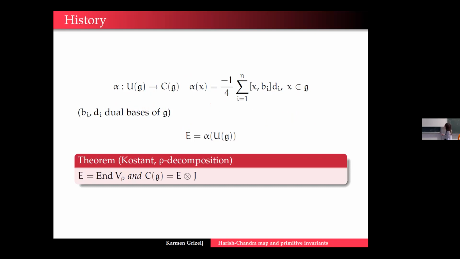And if we denote by E the image of that whole mapping, then Kostant proved that the Clifford algebra of G is a tensor product of that image of alpha and the invariants. And remember, invariants were a Clifford algebra of primitive invariants.